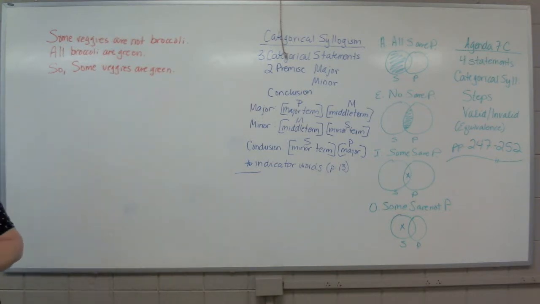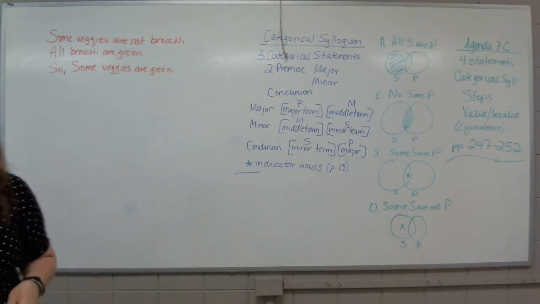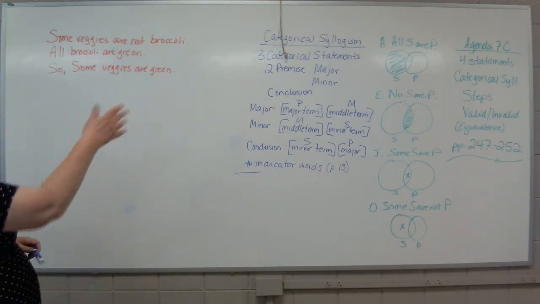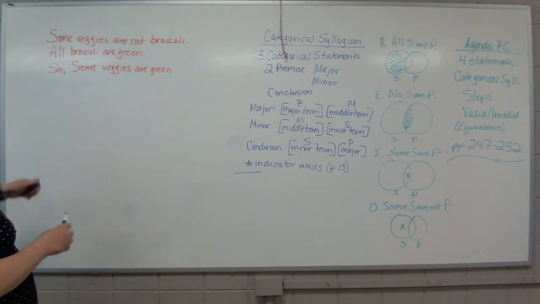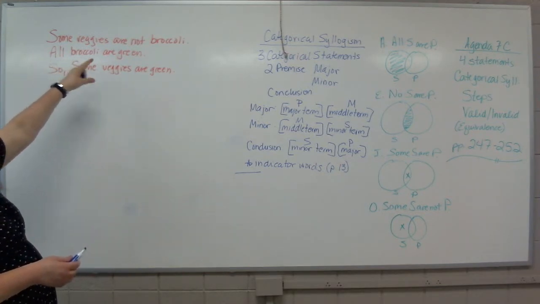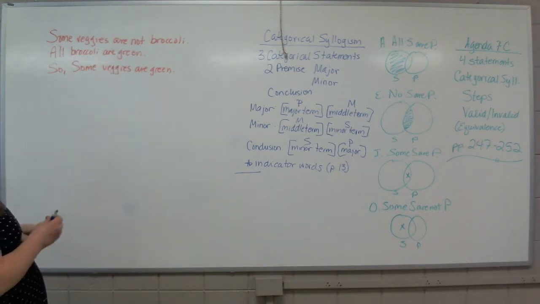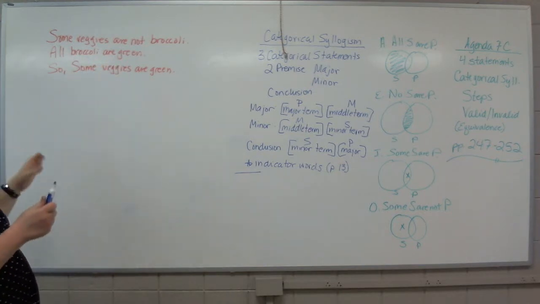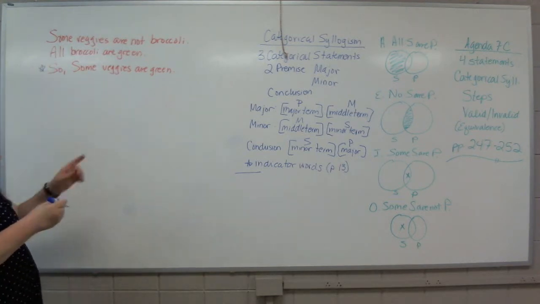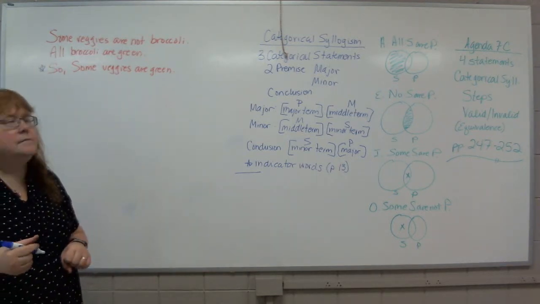There are a couple things I need to do in order to get this into the right form, to get it into one of my pieces here. I'm looking here, and I'm going to start with my conclusion, because I want my S and P to end up on the bottom.